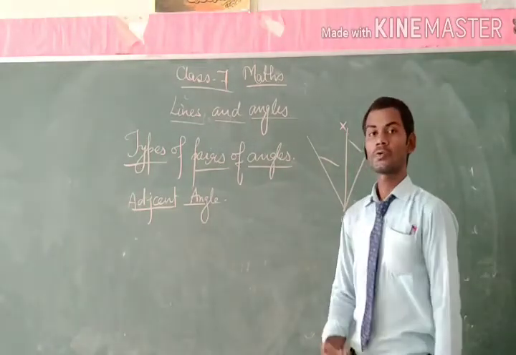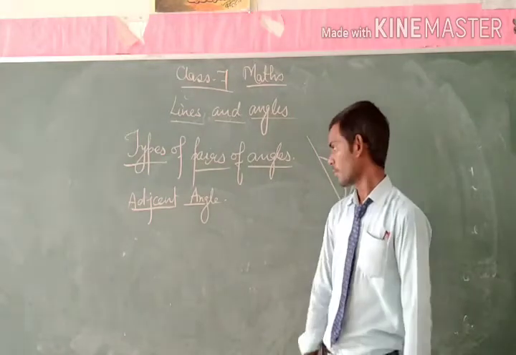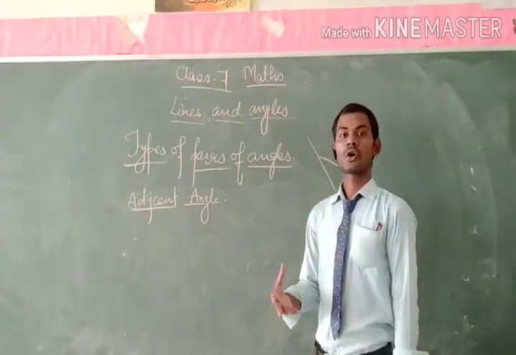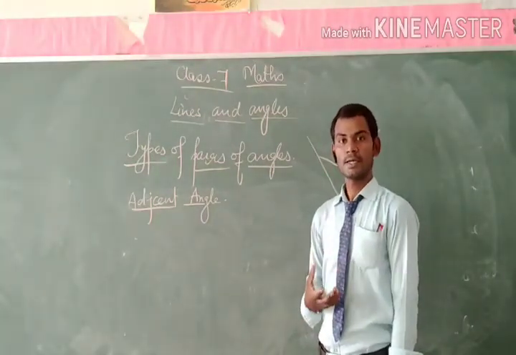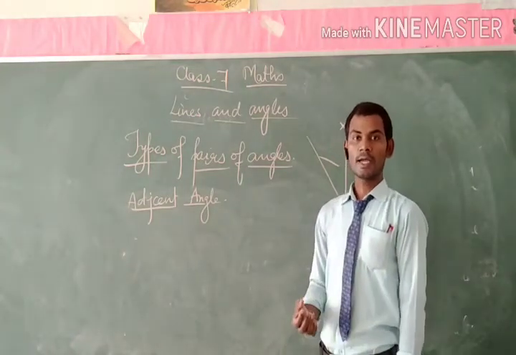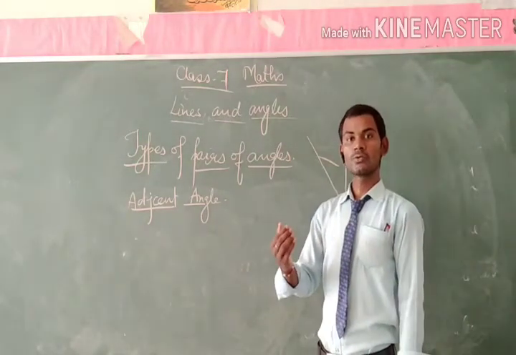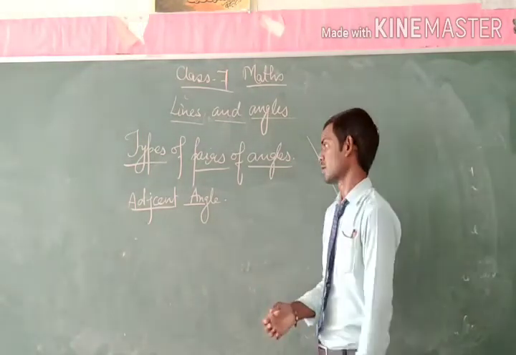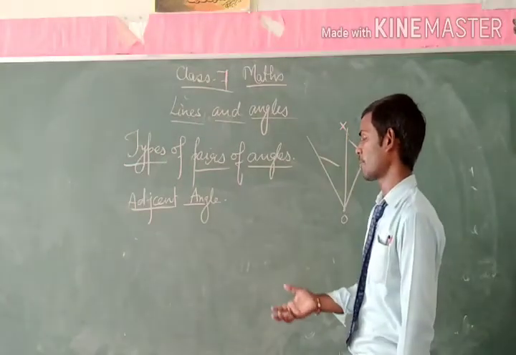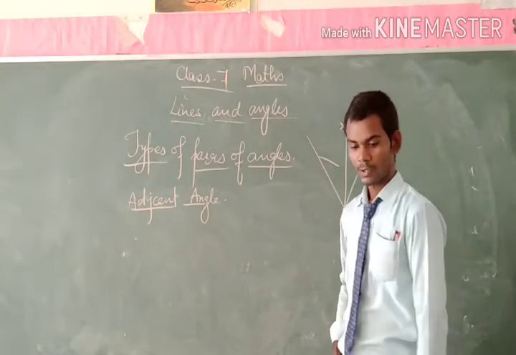Adjacent angle. Two angles are said to be adjacent angles if they have a common side and a common vertex, and the other sides lie opposite to each other on either side of the common side. Such a pair of angles is known as adjacent angles.